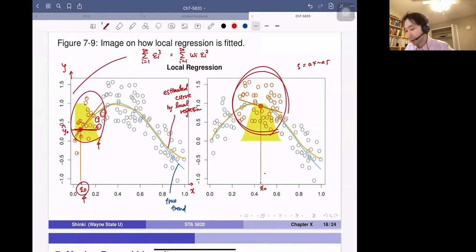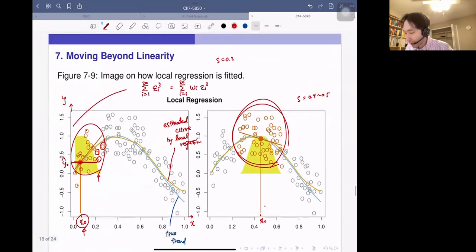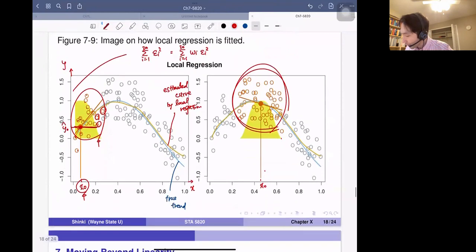Even if s is large, we give higher weight only to the observations close to x naught, and local regression still works well. These have the same s, but s is large, maybe 0.5 or 1.0. But the weight is higher only when the observations are close to x naught. On the right pane, many observations are closer to x naught, so more observations are given weight.